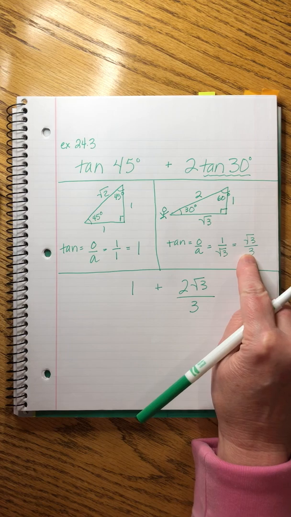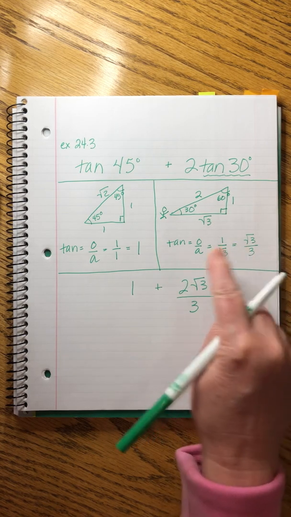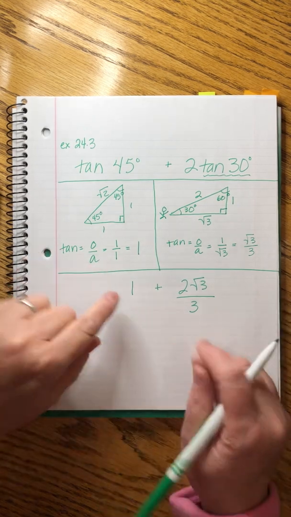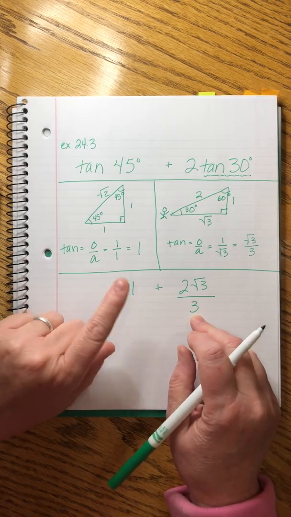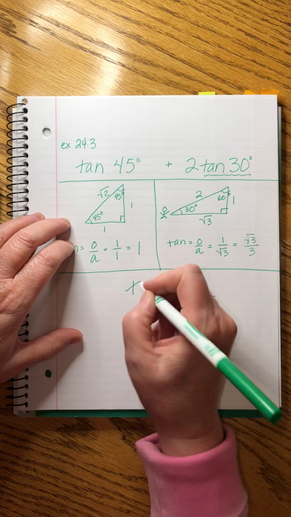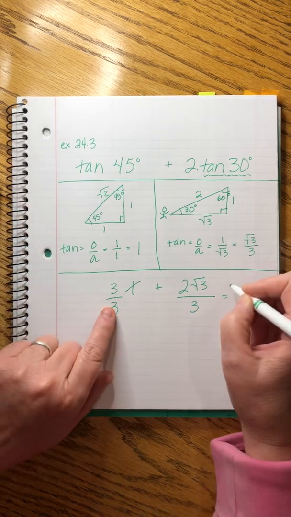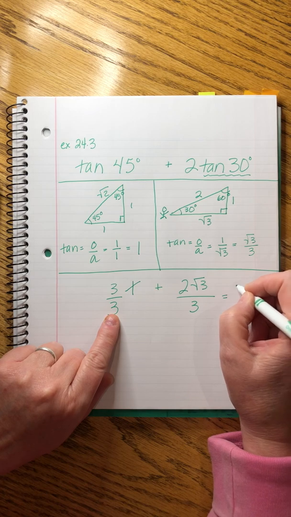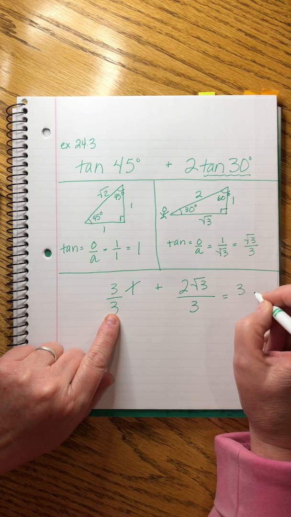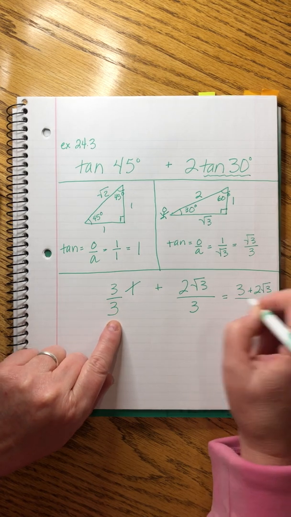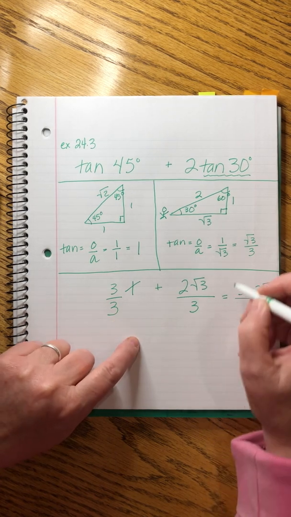So there's the tangent of 30 degrees, and then I multiplied it by 2. And now our last step is just to combine them by creating matching denominators. 1 I'm going to rewrite as 3 over 3. And our final answer equals 3 plus 2 times the square root of 3 over 3.